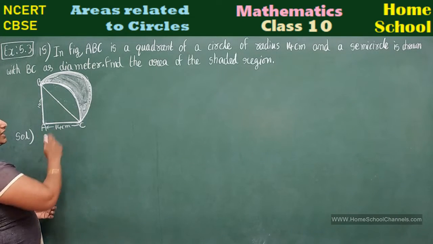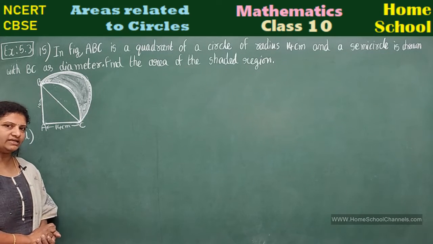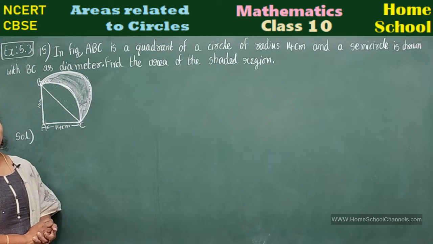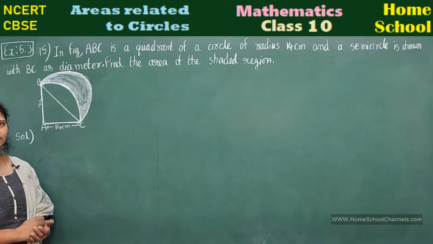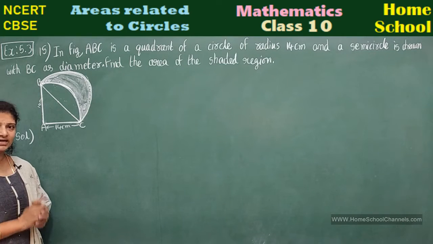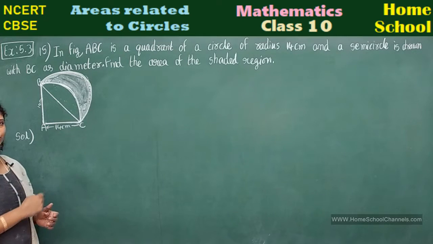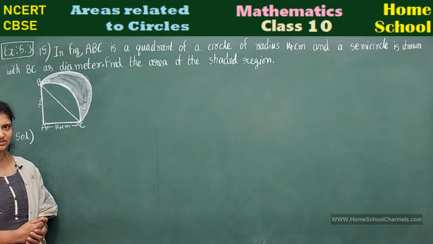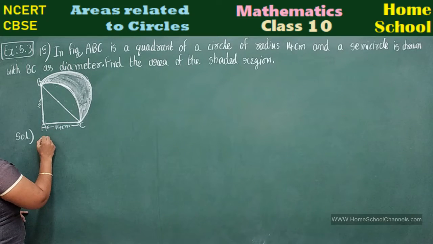Next, coming to the area of a semicircle. The formula is pi r square by 2. But what is the radius of this semicircle? We don't know. First, we need to calculate the radius of the semicircle and then do the remaining calculations. So first, write the given data here.